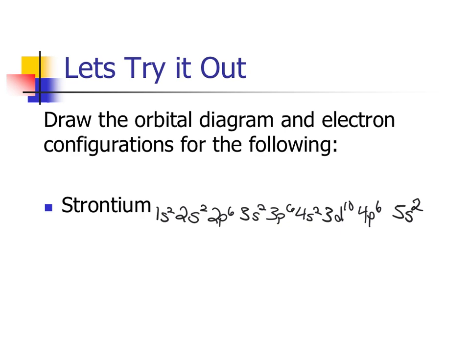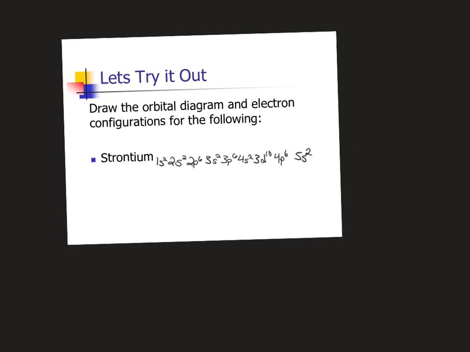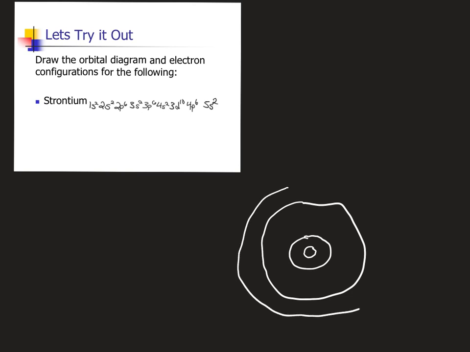And as you would guess, the orbital diagram gets to be very big for this, because again, you're going to have 5 rows, and you're going to have a lot in that 3rd. Because it has 18, I draw it bigger.